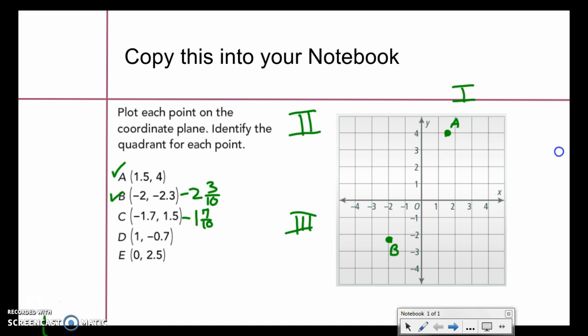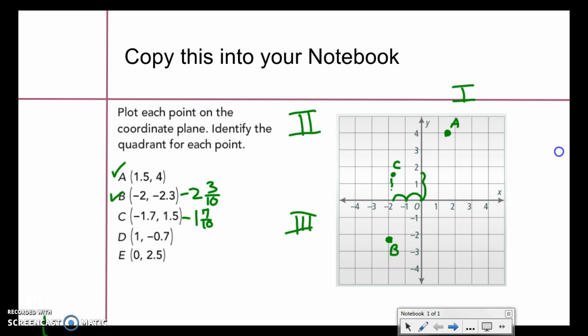Alright, if you have 10 pieces of pizza and you've eaten 7, you've eaten over halfway. So we're going to go ahead and find the -1, and we're going to go over halfway to 2, so about right there. Alright, now we're going to go up 1.5. So from there we're going to go up a whole 1, and then half a whole 1. We end up about right here at point C.